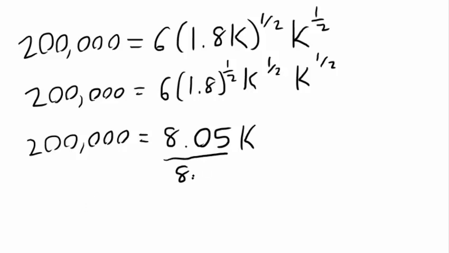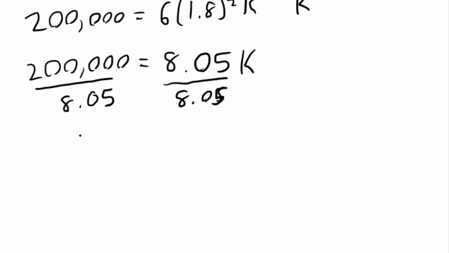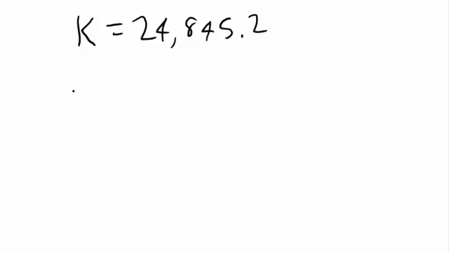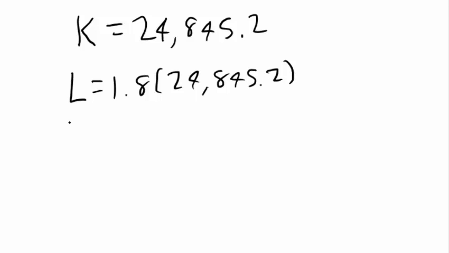And so if I divide both sides by that 8.05, I am left with K equals 24,845.2. And by plugging this K back into our input ratio, we have L equals 1.8 times 24,845.2, and L equals 44,721.36.